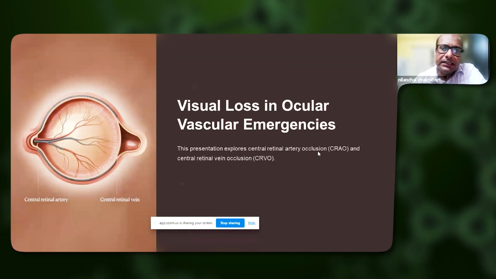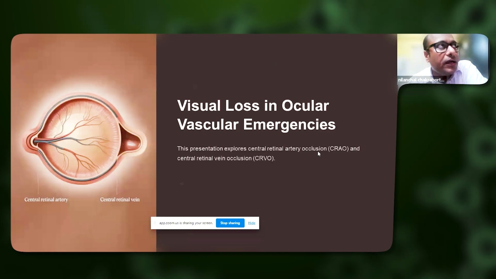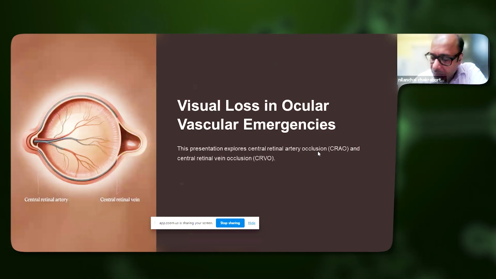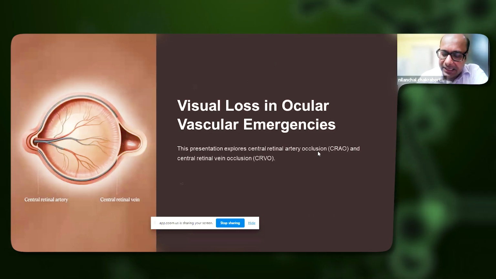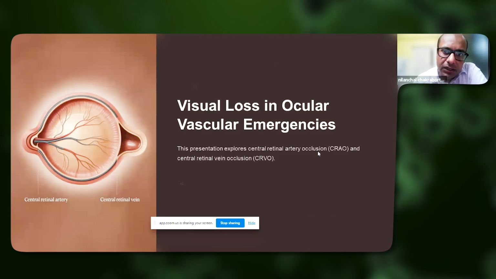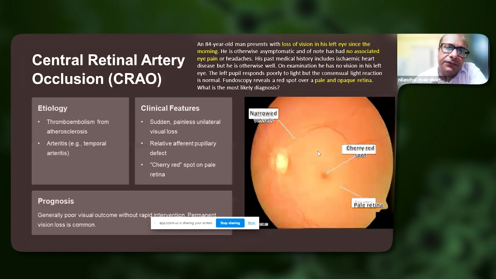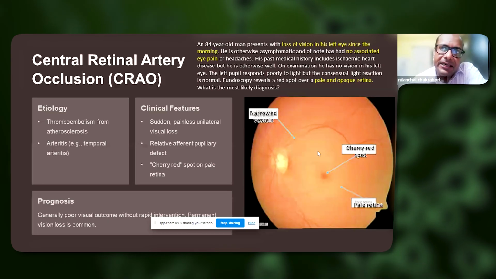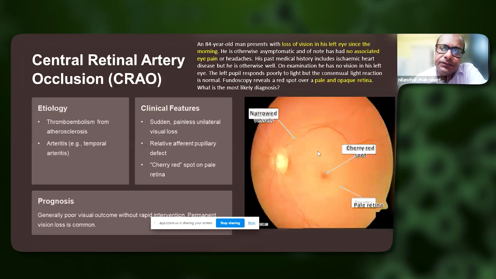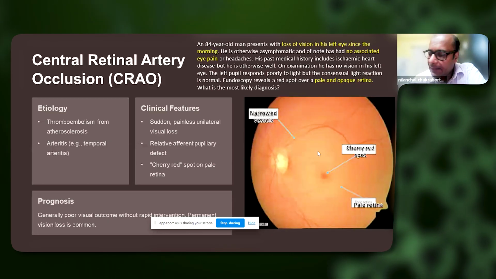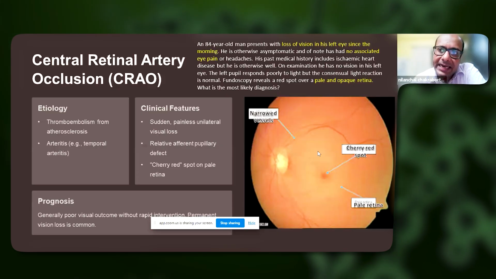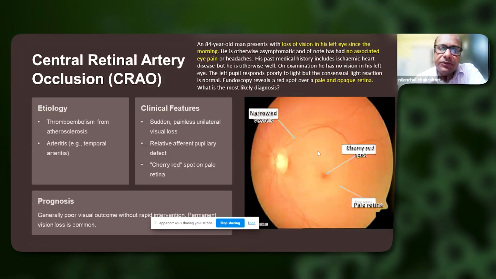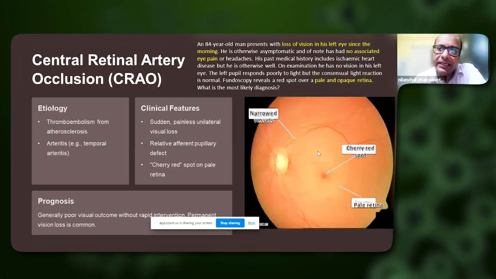Other than that, we'll discuss the most high yield topics in ophthalmology in MRCP that we discussed last time, especially the vascular emergencies. If the features suggest atherosclerotic disease in an elderly, diabetic, hypertensive patient with sudden, painless loss of vision, and the ophthalmology findings show a pale, opaque retina, that means reduced blood supply to part of the retina.